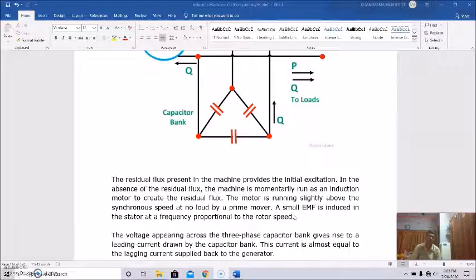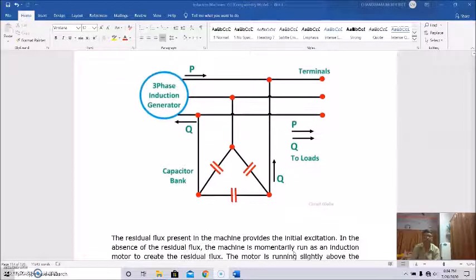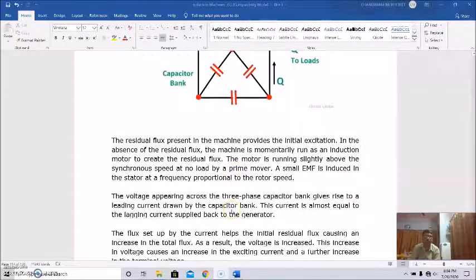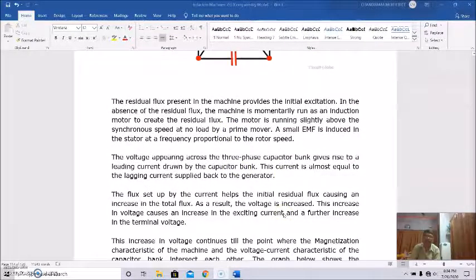A small EMF is induced in the stator at a frequency proportional to the rotor speed, and the voltage appearing across the three-phase capacitor bank gives rise to a leading current drawn by the capacitor bank. This current is almost equal to the lagging current supplied back to the generator. The flux set up by the current aids the initial residual flux, causing an increase in the total flux, and as a result the voltage increases.